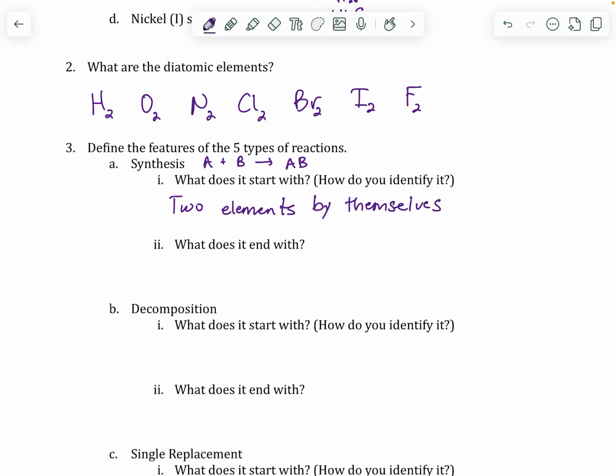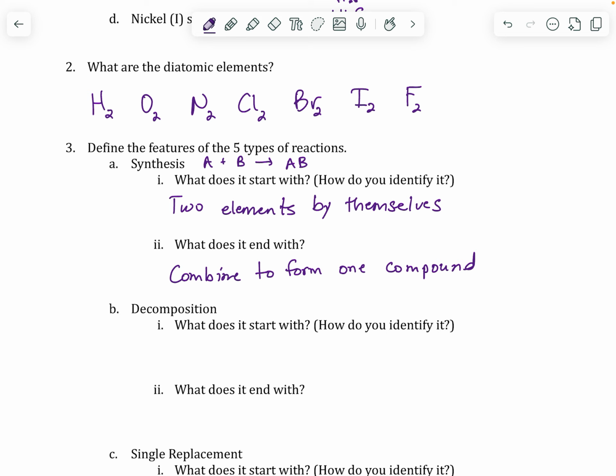And again, I only have to give you the reactants here in order for you to identify this as a synthesis. That goes for all of our reaction types. 2 elements by themselves, they combine to form 1 compound. More often than not, that compound is going to be ionic for us. It does not have to be, of course, but again, we like to continue practicing with our ionic charge canceling out. So usually it's going to be ionic.